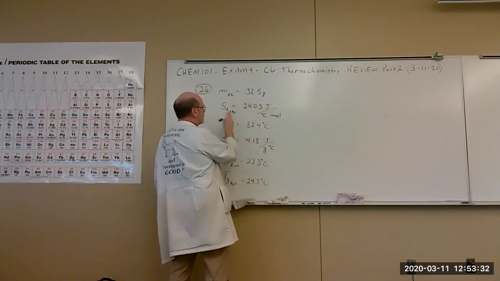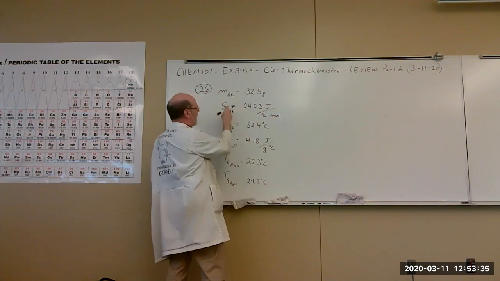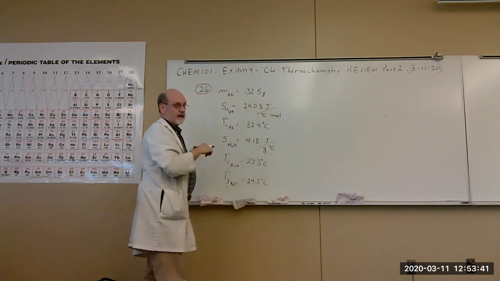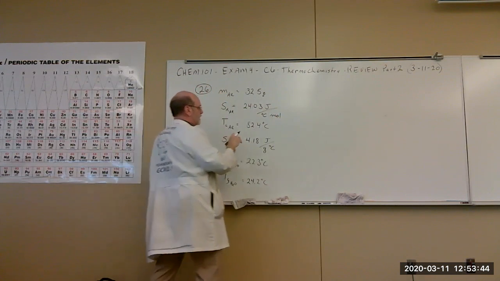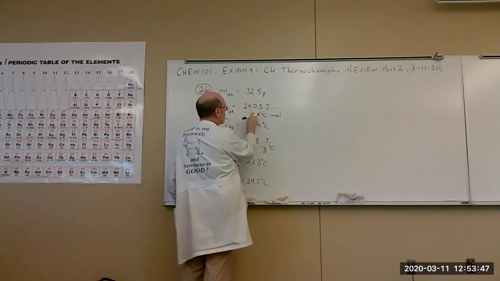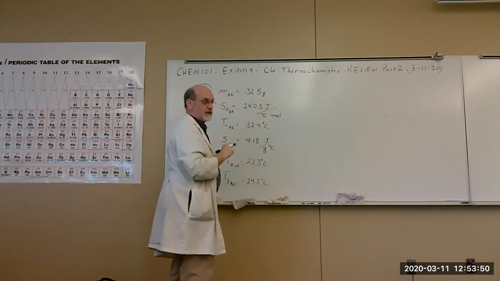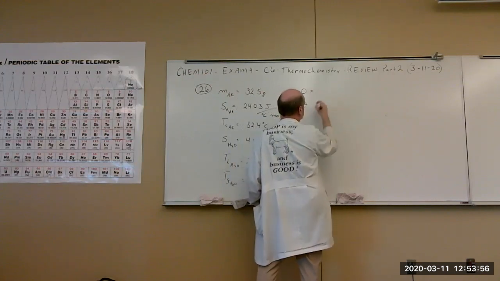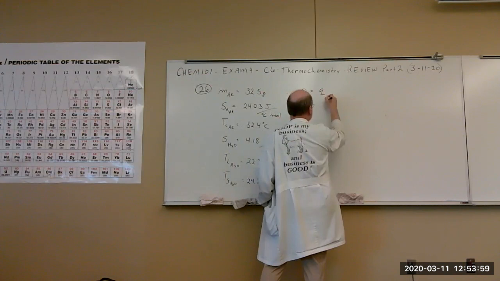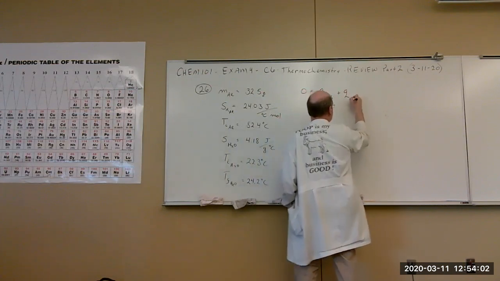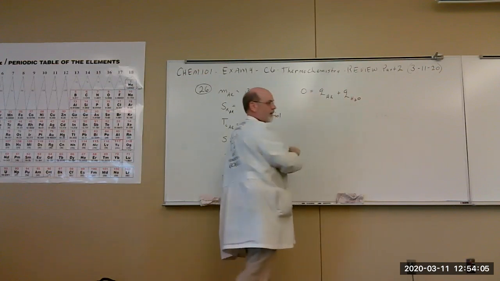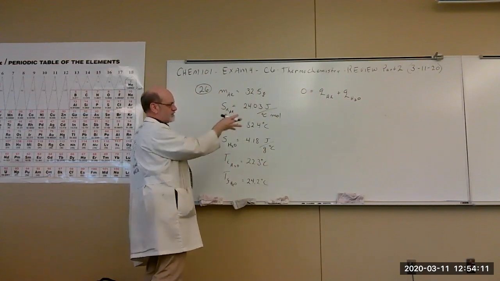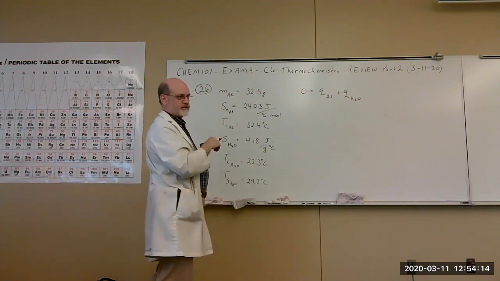But to do that, you'd have to use the molar mass of aluminum, because this value is specific to aluminum. The way I did it in the work problems is I left this alone and converted that to moles. But either way will work, because all we need is this, our starting formula. The Q of the aluminum plus the Q of the water has to be 0 in our calorimeter, because it's isolated. What happens in our calorimeter stays in our calorimeter.